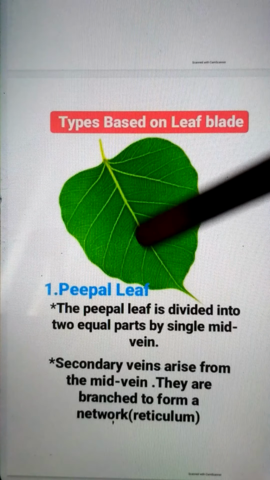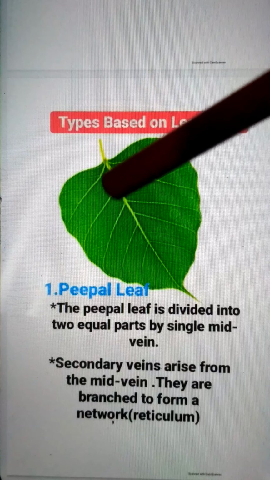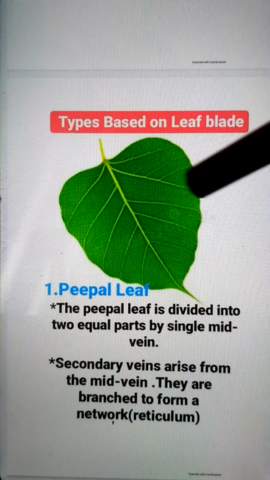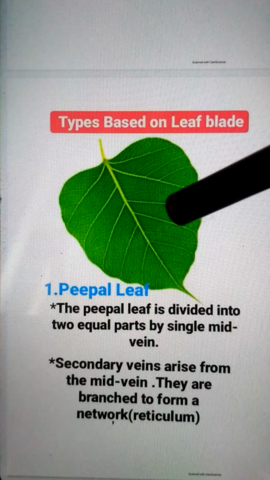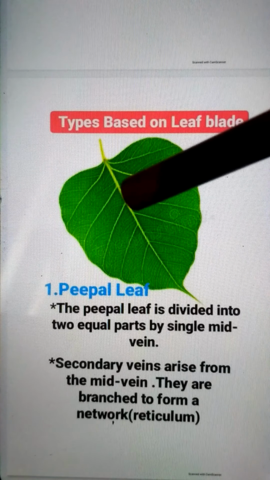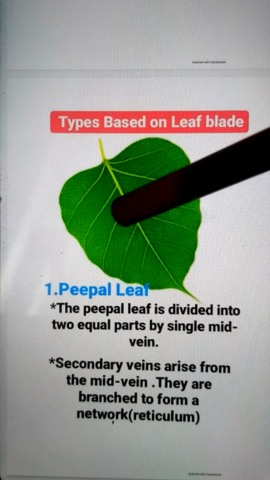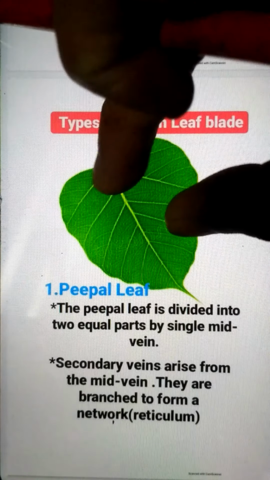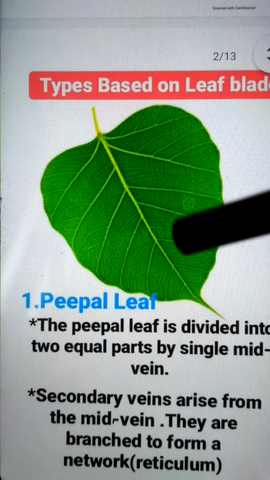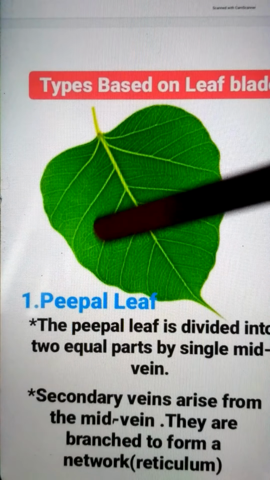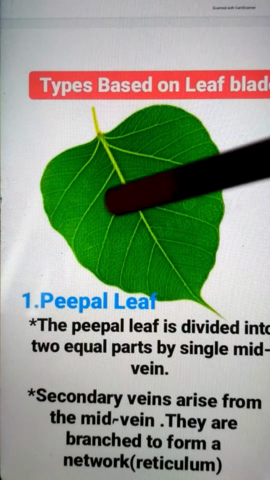You can see this one as a midvein and the secondary veins are arising from the midvein and they are branched. If I zoom in, you can see they are branched. These secondary veins are branched into many networks. They are branched to form a network.